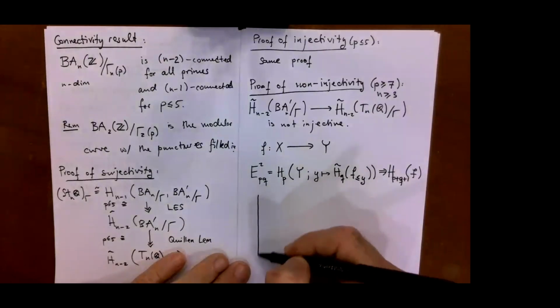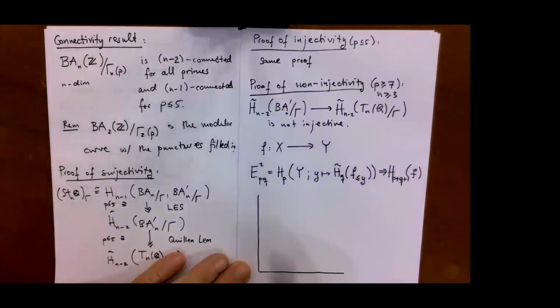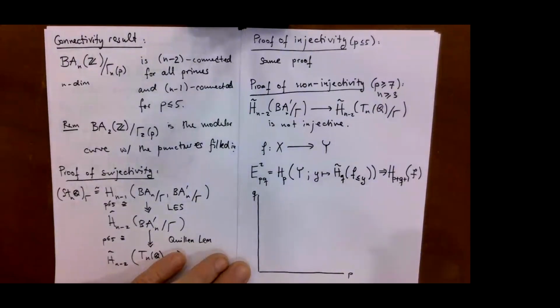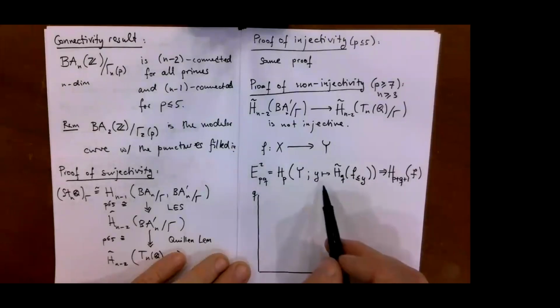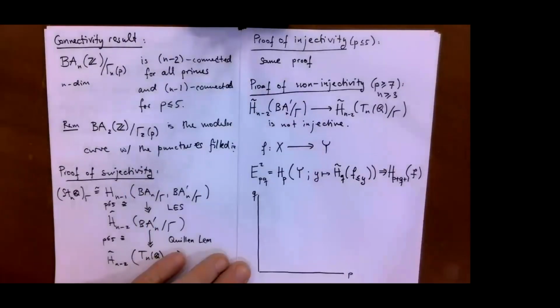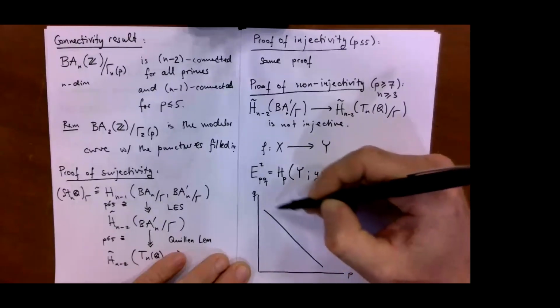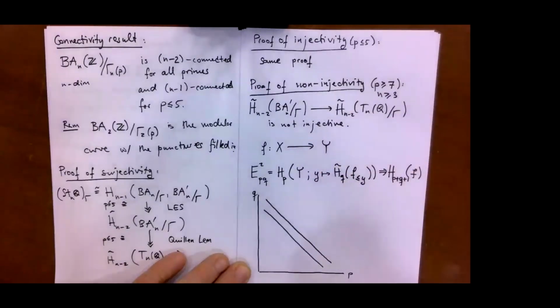In the spectral sequence, you can write this now as a table. Here you have P, and I use P for two things, but that's going to be what it is now. In the spectral sequence now, we have certain entries, and through what is written here and the connectivity statements, we find out that in the spectral sequence there are only two diagonals that are non-zero, this one and this one.